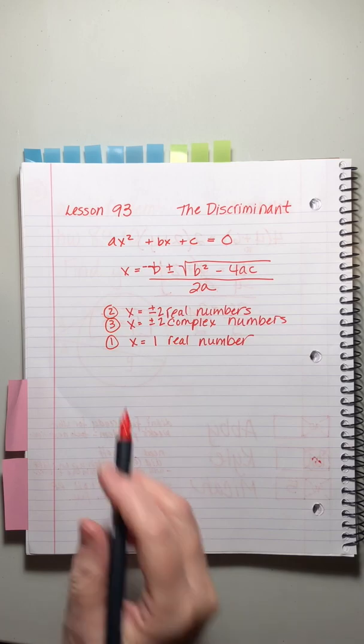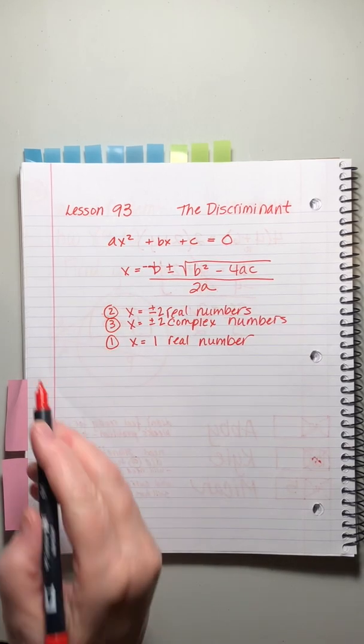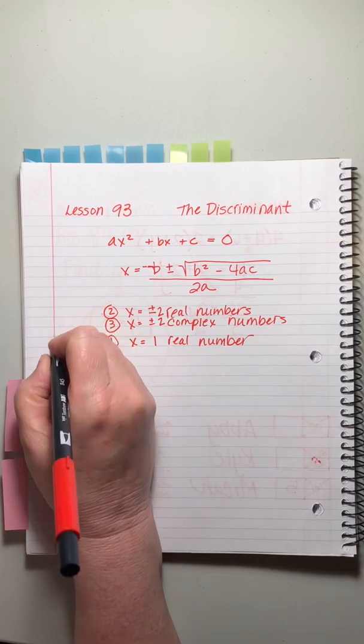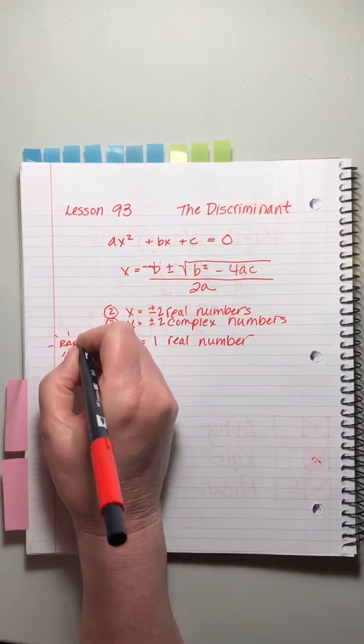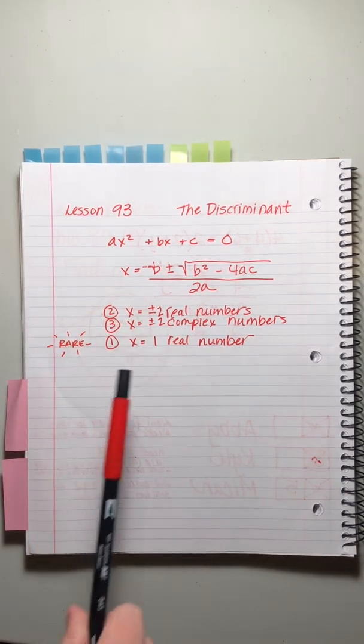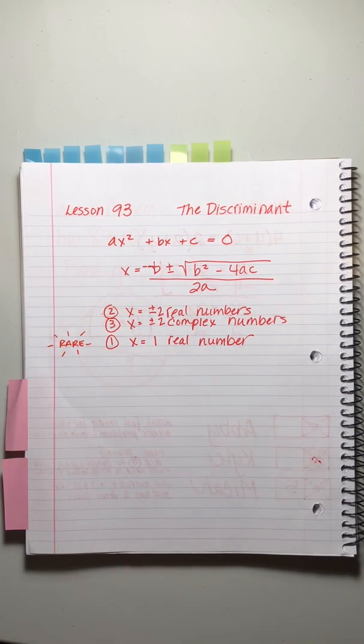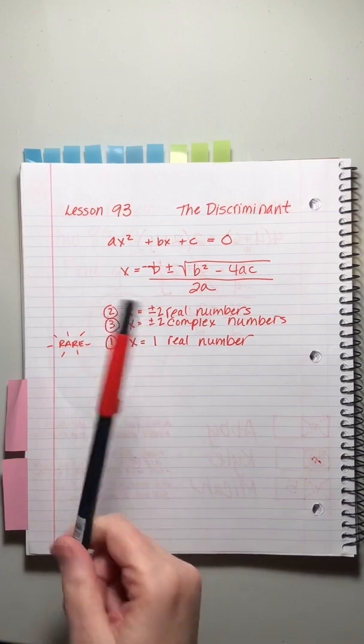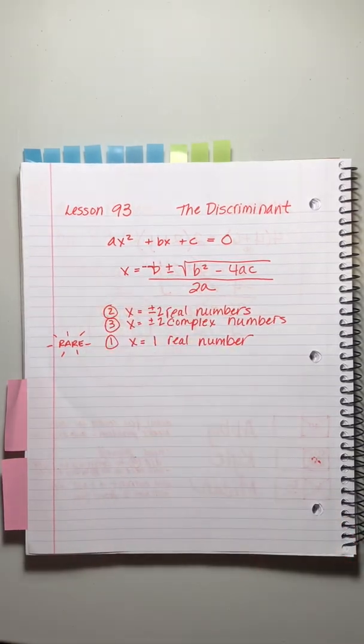All right? This is the one that doesn't happen very often. I'm going to write rare in front of it. And we'll talk more about that in just a minute. But we usually get one or the other of these scenarios, 2 or 3. Now, is there any way to predict which type of answer you will get? The answer is yes.